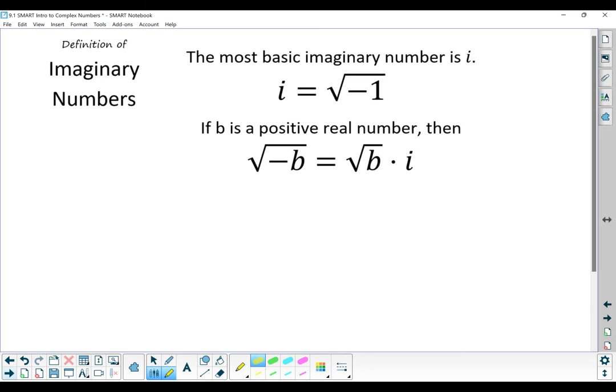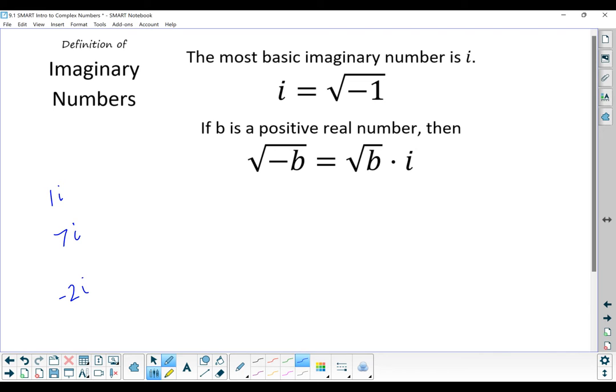So these are numbers in the imaginary number system. And so we can get other imaginary numbers that have an i with them. So, for example, we can have an imaginary number like 7i or -2i. But i is like the most basic. It's like 1i. It's just the very most basic number.